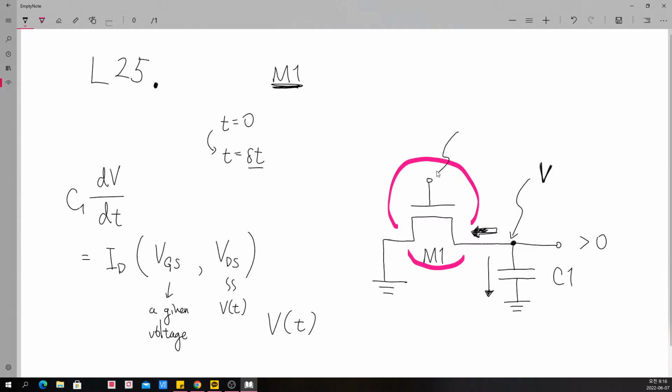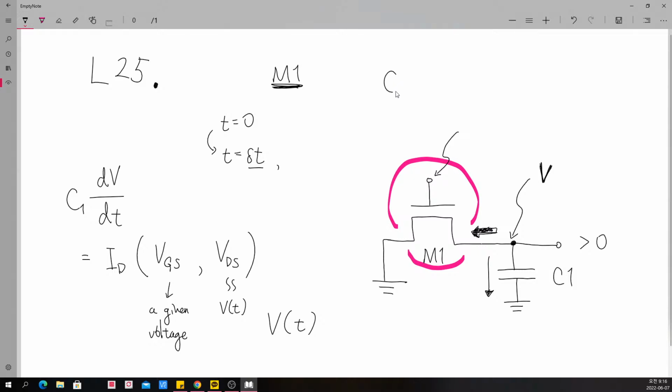The gate voltage is kept as before. However, due to this small leakage current, our V at time delta t is now given by the initial value at t equal 0 minus, let's write it down more rigorously. Let's consider charge.